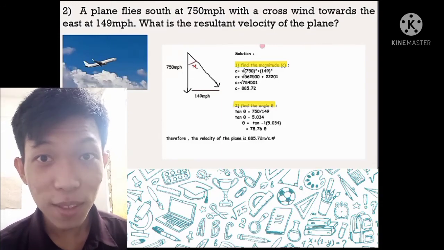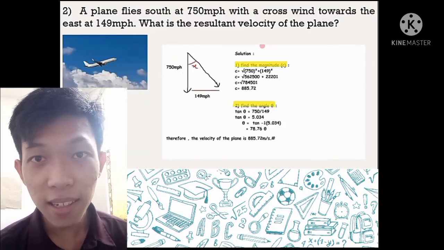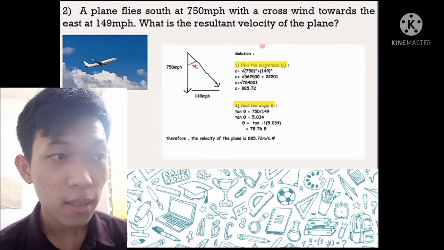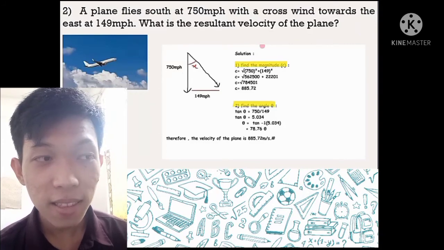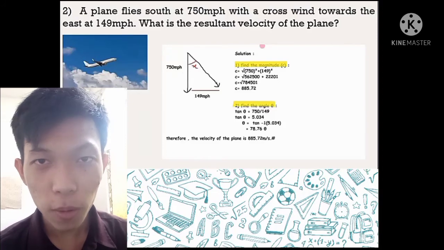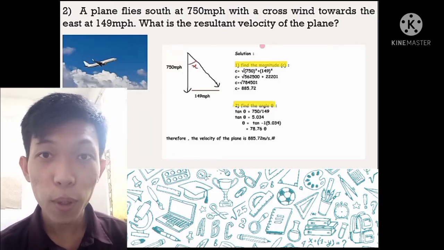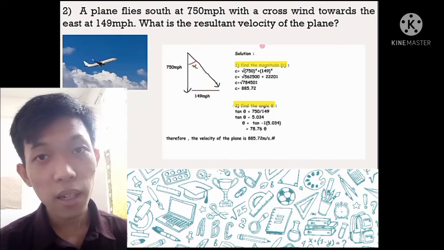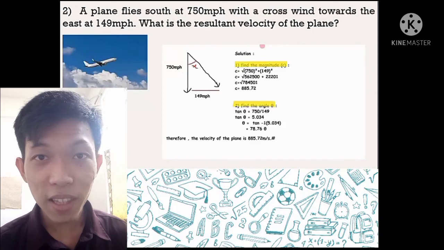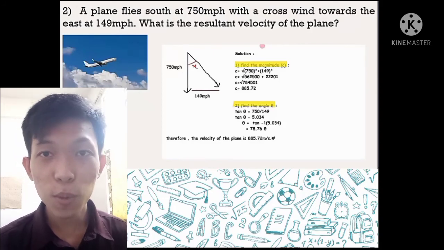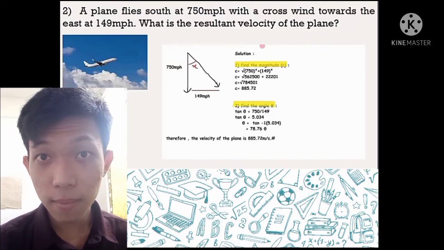We move tan to the right, and then it becomes tan^-1 of 5.034, which equals 78.76 degrees. Therefore, the velocity of the plane is 885.72 meters per second. Okay, that's all from me.